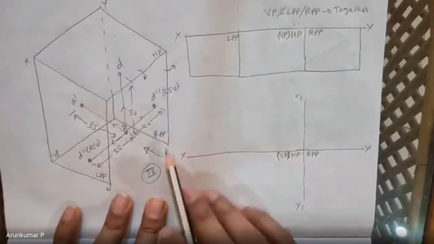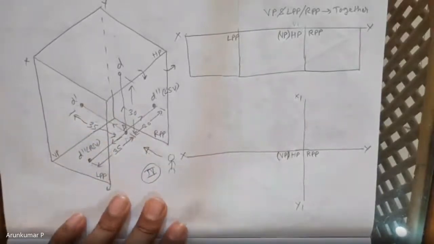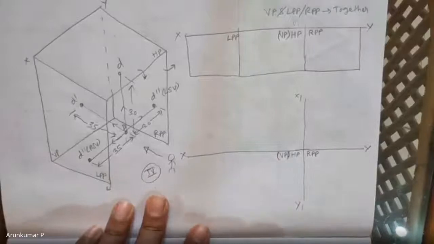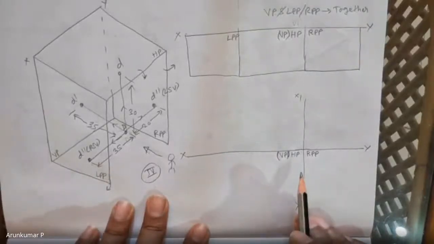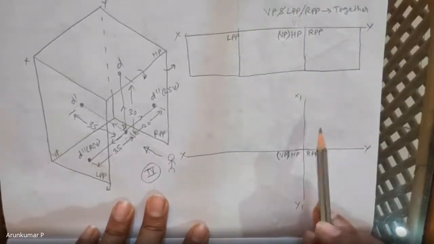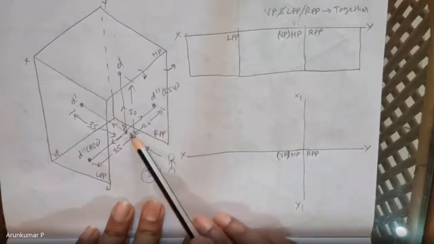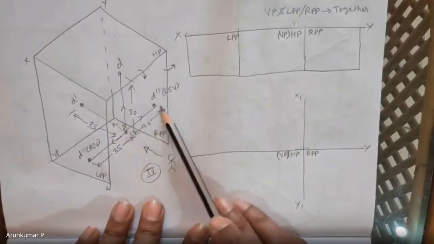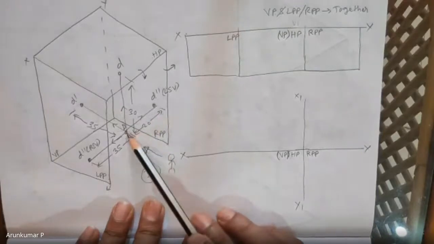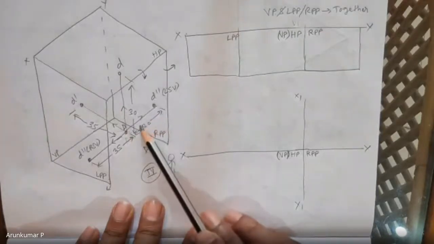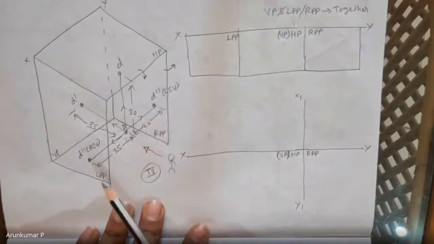So first we'll consider RPP only and then take LPP. Now here in this case, at what distance is the point D from RPP? 20 mm. Yes.